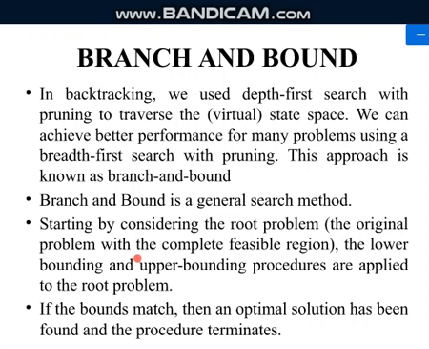Branch means you are trying for all possibilities. Bound means depending on the problem you are checking, what kind of boundary you can apply to that particular problem. So if the bound matches, then an optimal solution has been found. For example, let us consider one problem. It might be a minimization problem or a maximization problem.